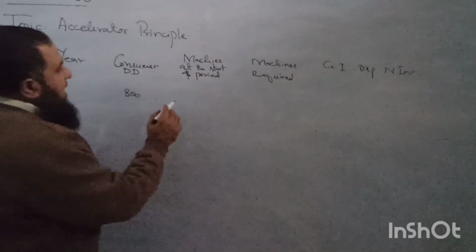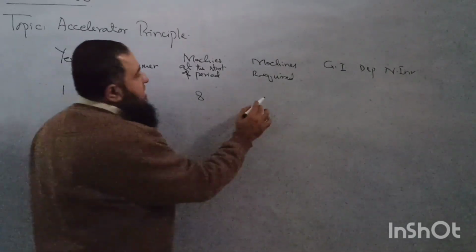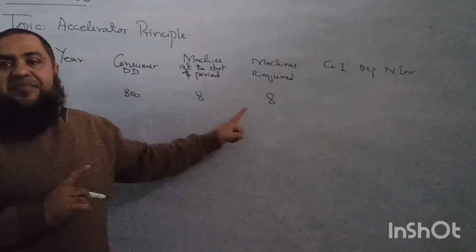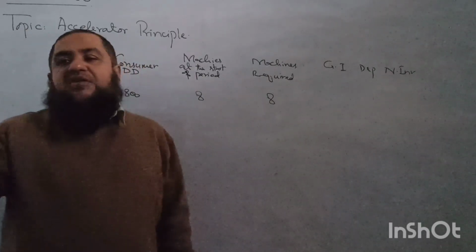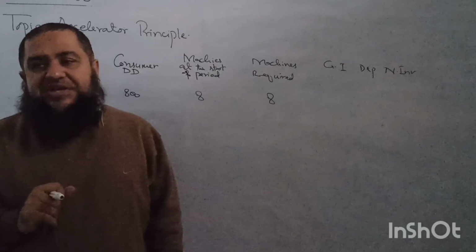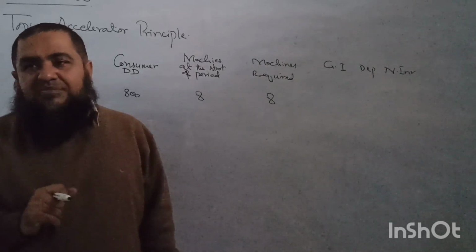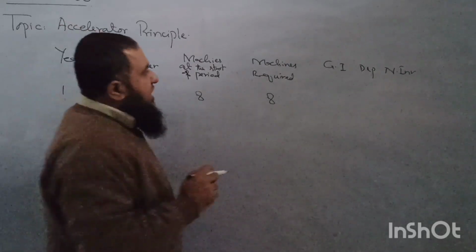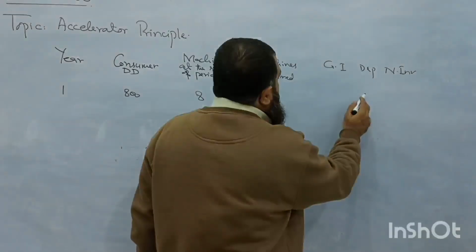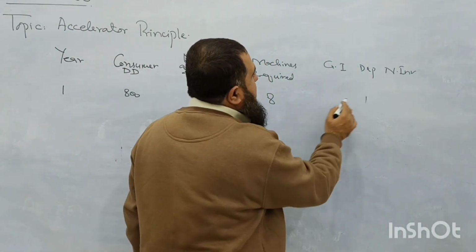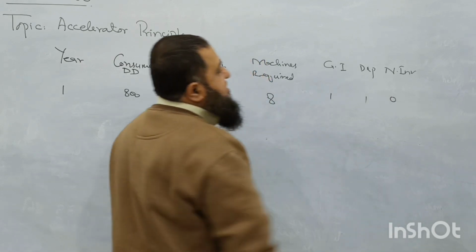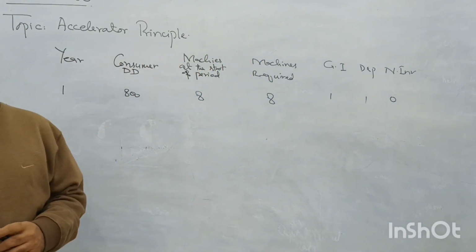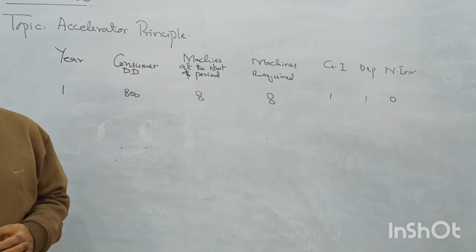At the start of the period we have 8 machines and still we require 8. We assume every year one machine is depreciated. So with one depreciation and this firm bringing in one machine, how much is the net investment? Net investment is 0.